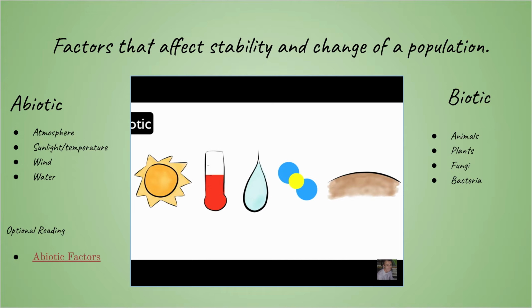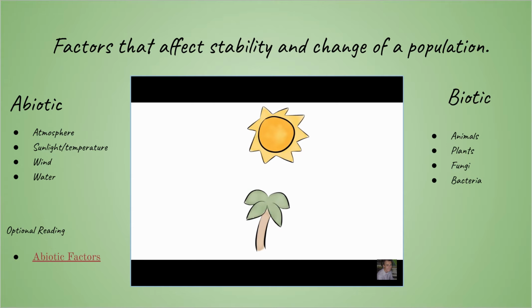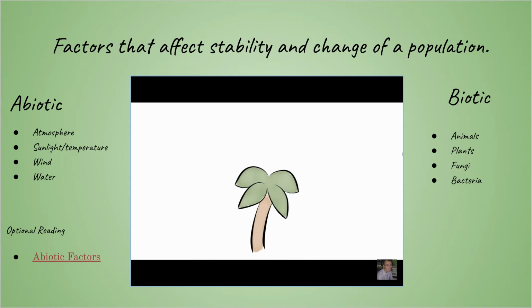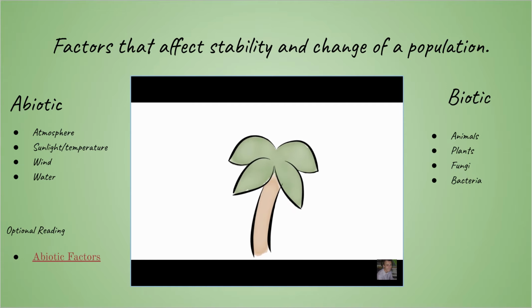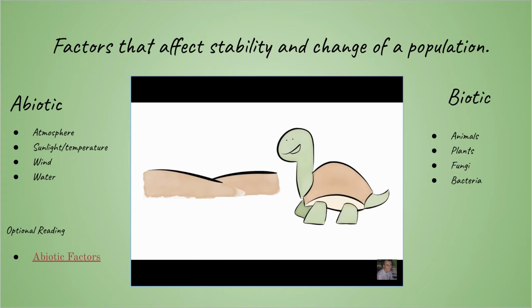One example of the interaction between abiotic and biotic factors is with plants. Plants use sunlight, water, and CO2 to make food. Without these things, plants would not be able to grow. Another example is the interaction between turtles and soil.